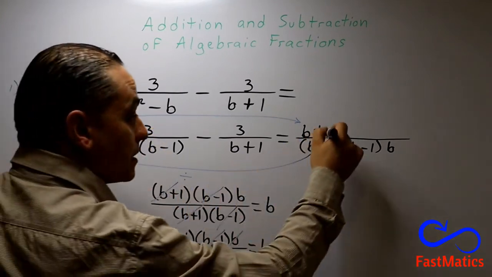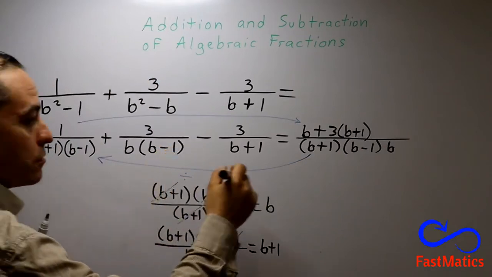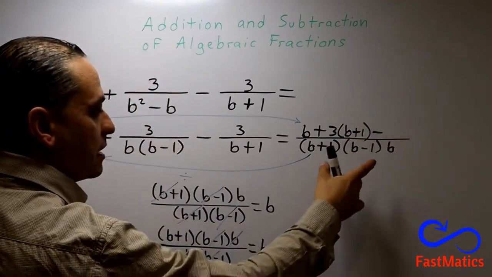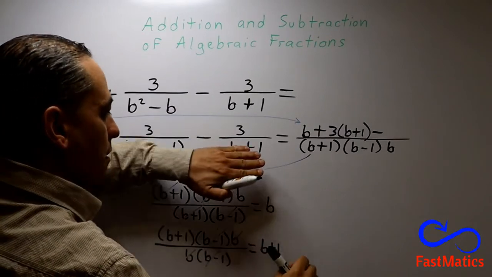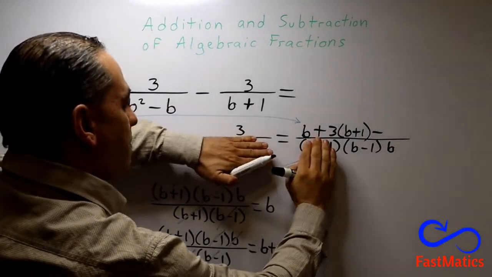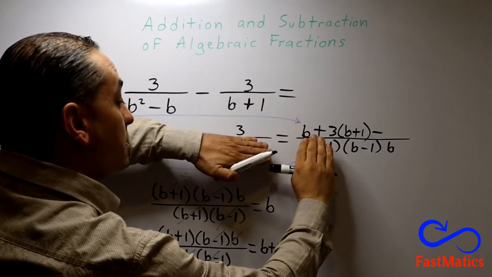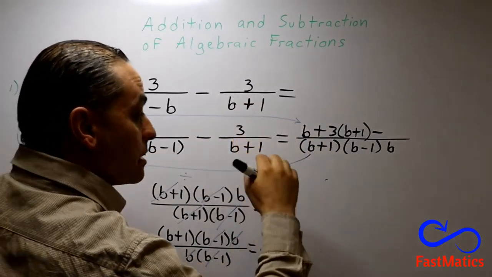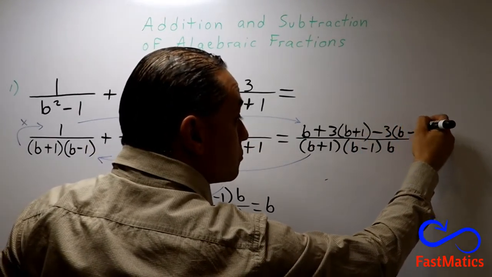Times 3 is 3 times b plus 1. Finally, I write the negative sign, and this divided by this. In your mind, you can do that. The same are eliminated, and we have b minus 1 times b times minus 3 is b minus 1 times b.